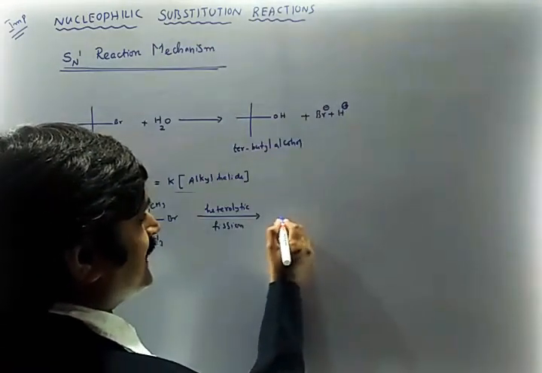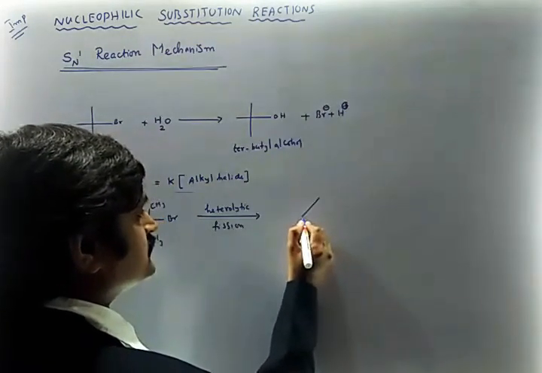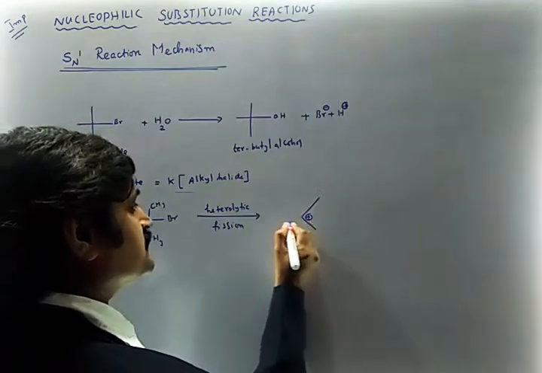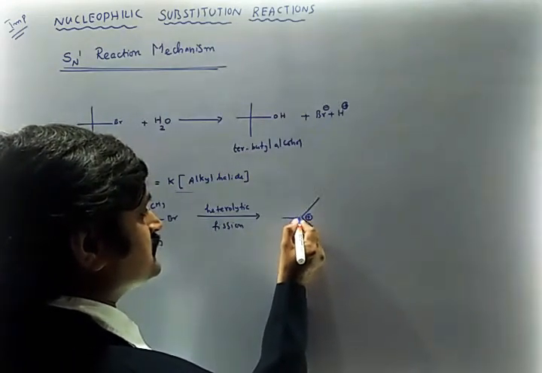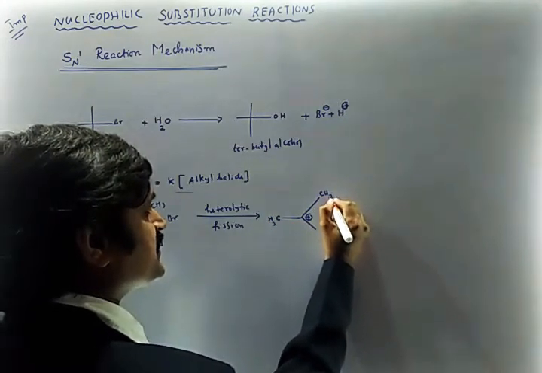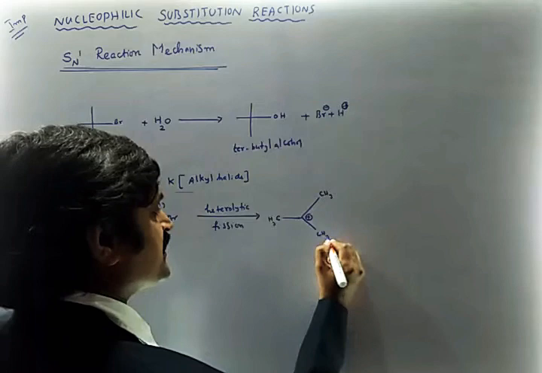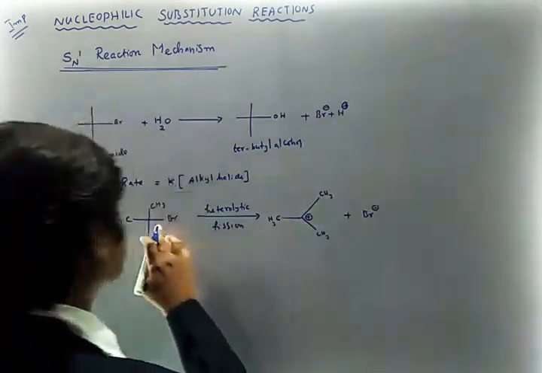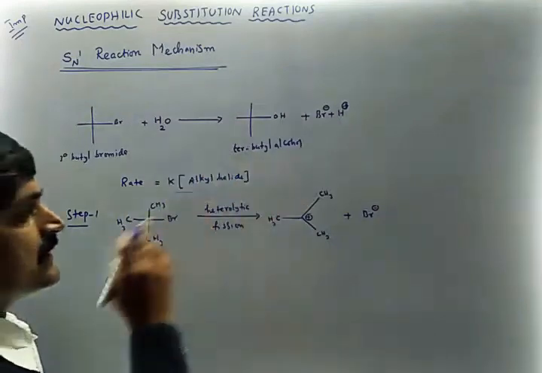Then we get a carbocation. As you know, this is a positively charged carbon with three other alkyl groups, methyl groups, CH3, here CH3, here also CH3. Now Br minus went along with the bond pair of electrons present in the alkyl halide.